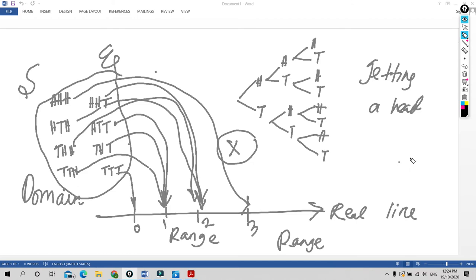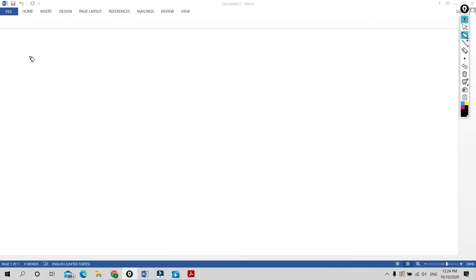I want to connect this in terms of probability. So I clear this off. I have here the sample space, or the zeta value.